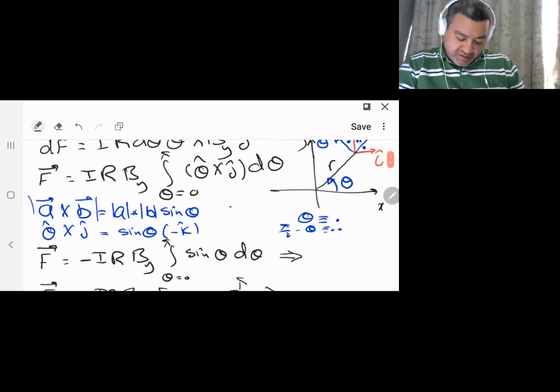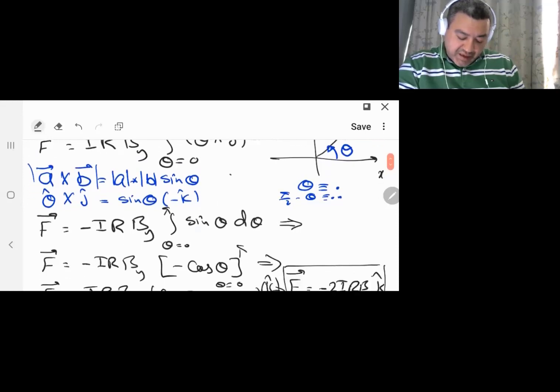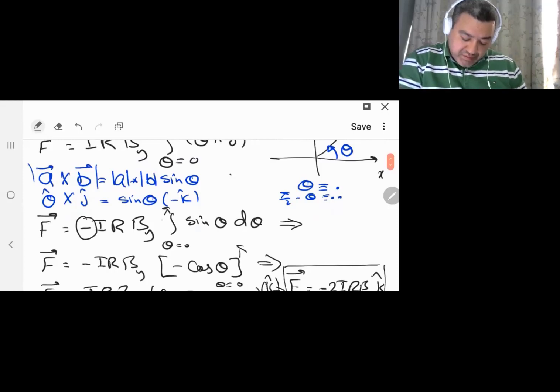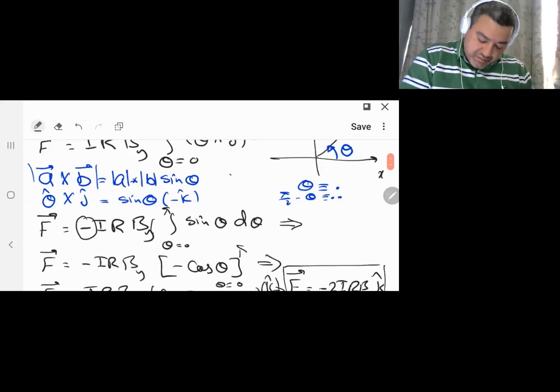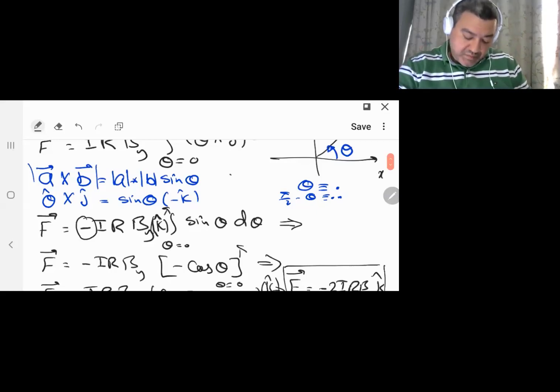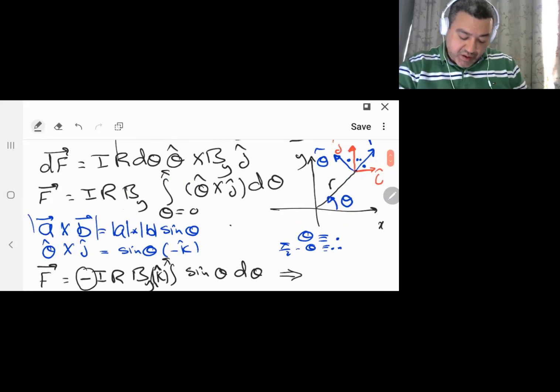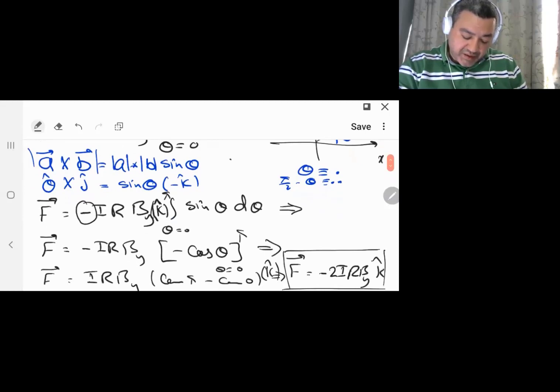Let me see here. No, the minus came out to here. So this is IRBY, integration of theta cross j. The answer was sine theta minus k.